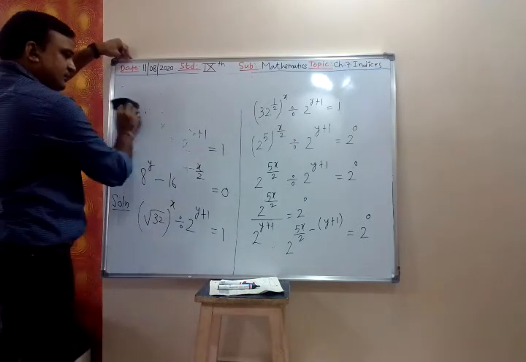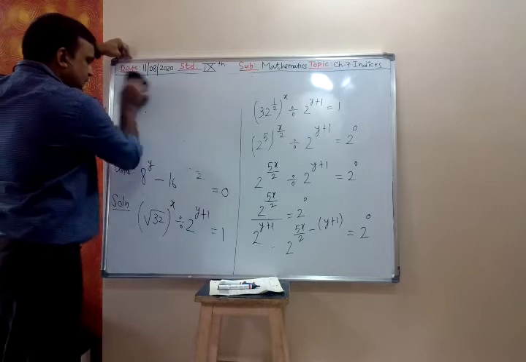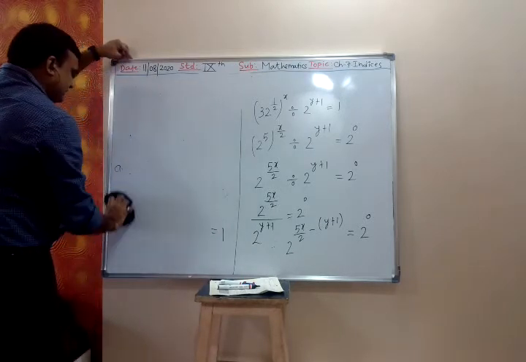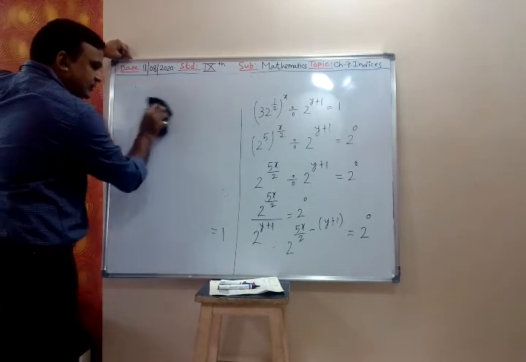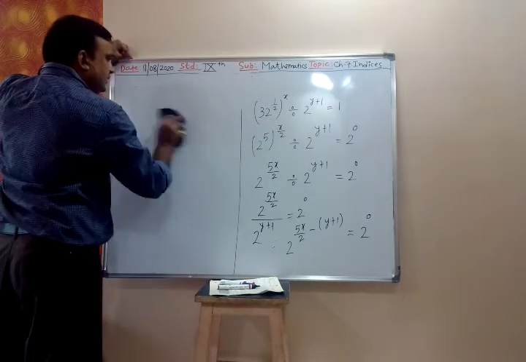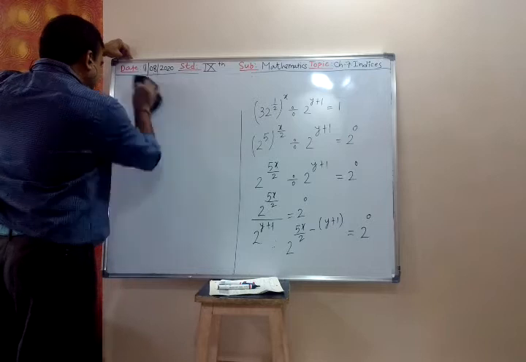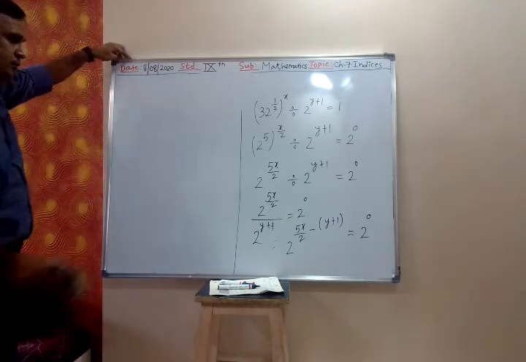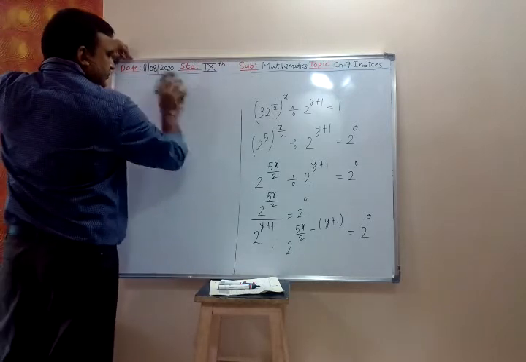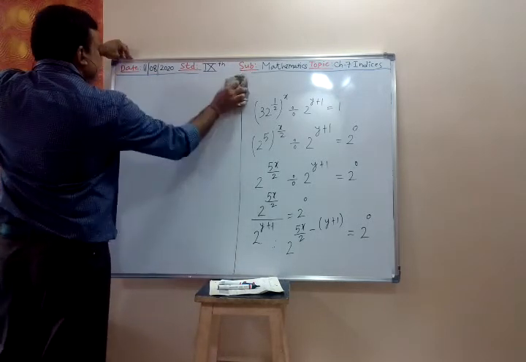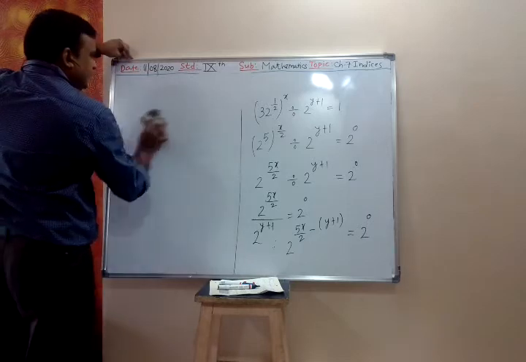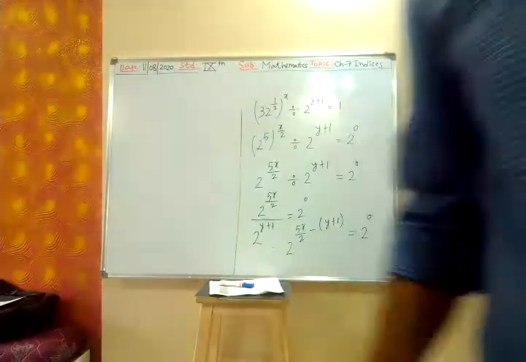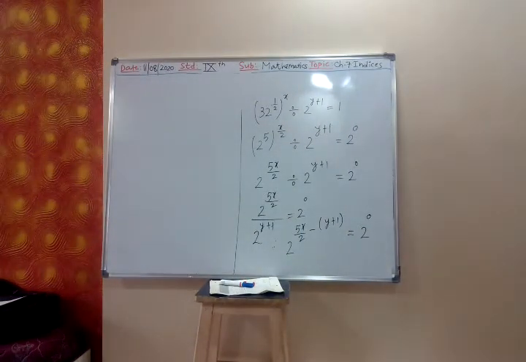Now simplify that. 5x by 2 minus, take LCM as 2. First don't open the bracket, directly multiply by 2. Take LCM as 2, now clear.